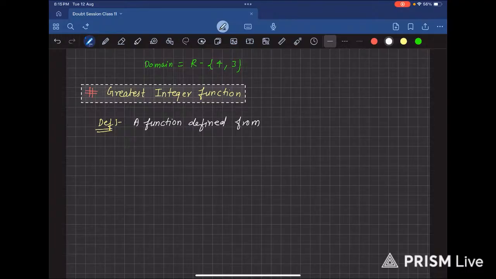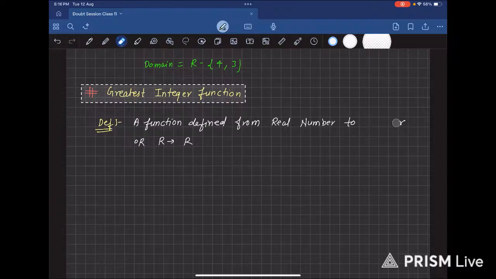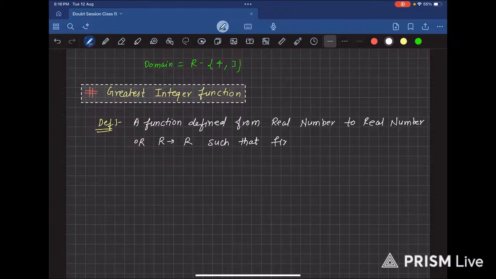A function defined from all real numbers to real numbers, such that f of x is equal to the greatest integer function.